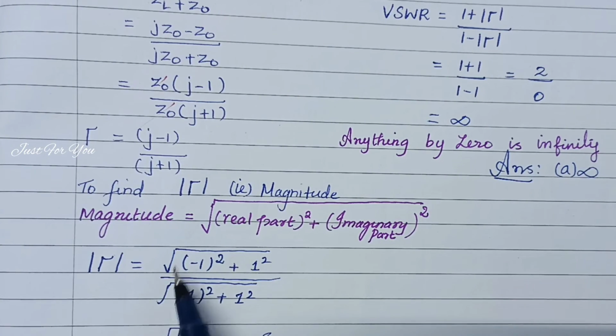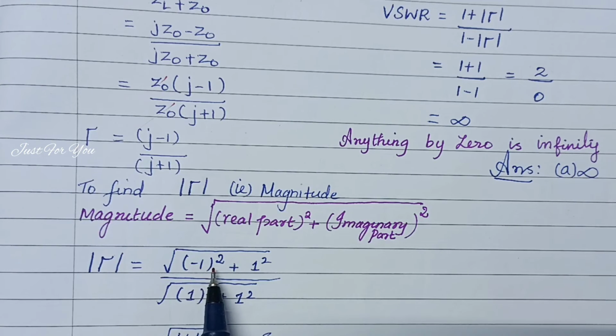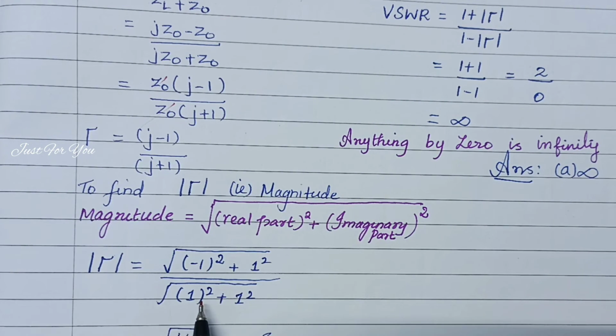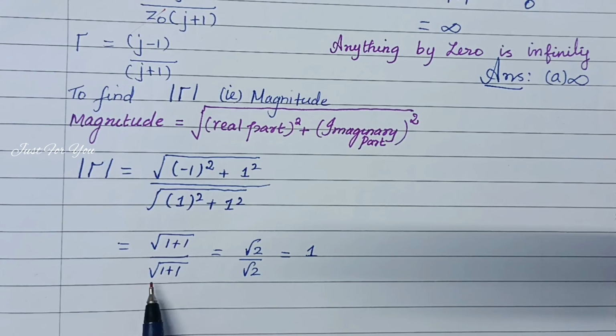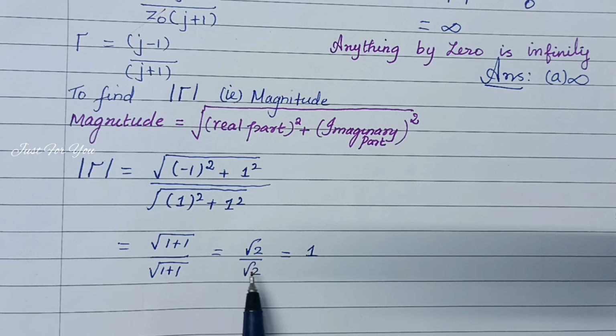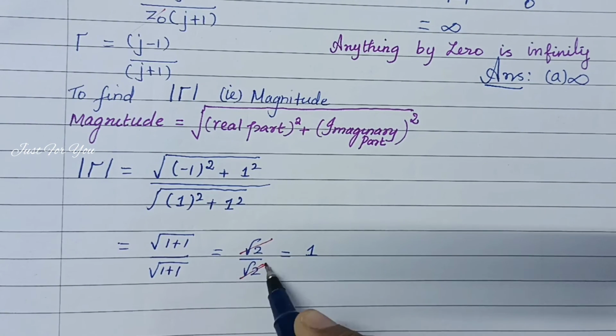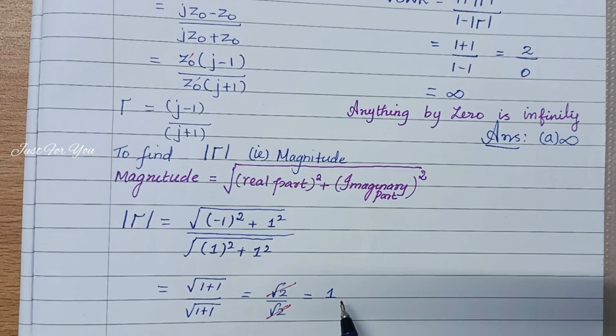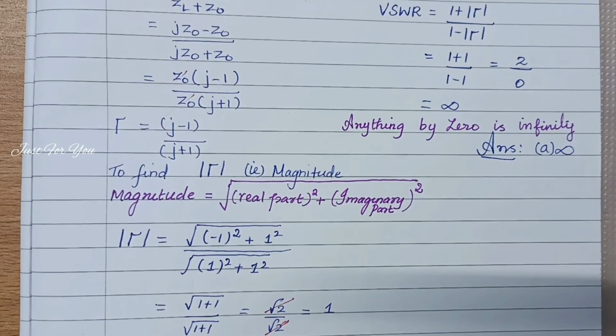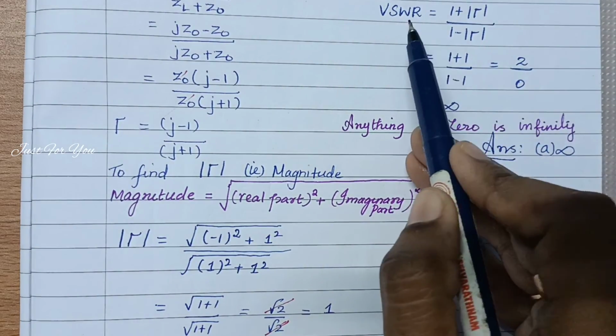In the numerator, root of (minus 1) the whole square plus 1 square divided by, in denominator, root of 1 square plus 1 square. Then root of 1 plus 1 by root of 1 plus 1, which is equal to root 2 by root 2. This root 2 and root 2 get cancelled. We get 1. Now what is the value of our reflection coefficient? 1.